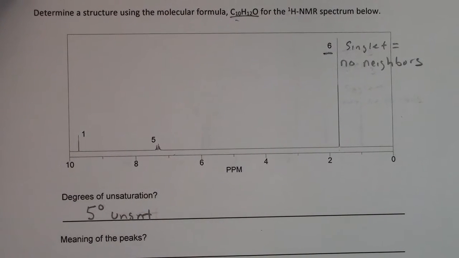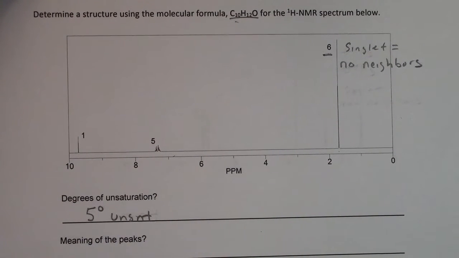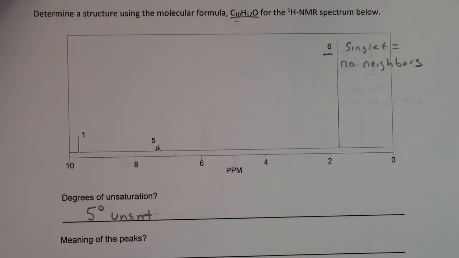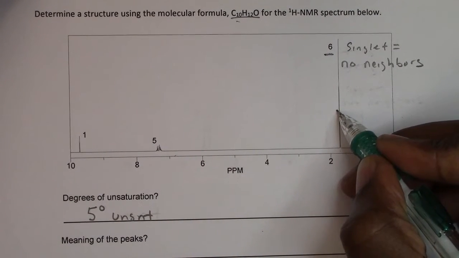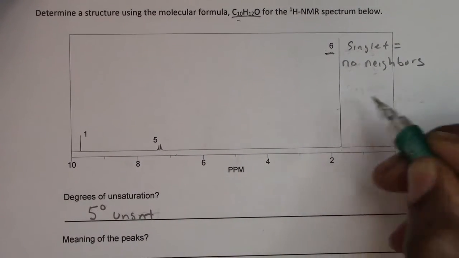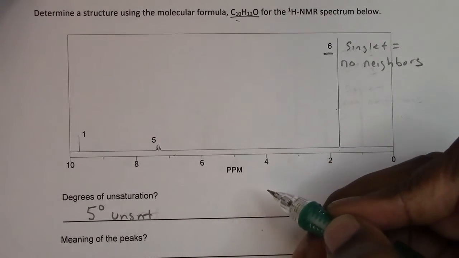So now we have to figure out structurally what these 6 hydrogens could represent. Whenever you are trying to figure this out, you always have to deal with the simplest possibility first. These hydrogens must be attached to some sp3 hybridized carbon because they don't fall in the vinylic region.